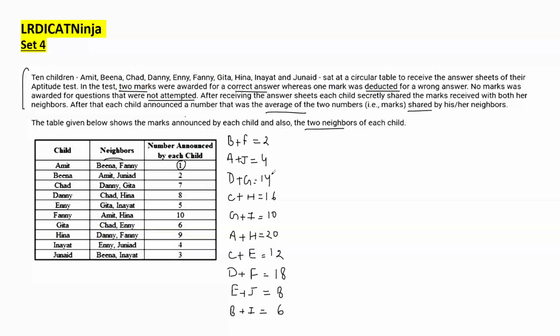If you can observe 2, 4, 6, 8, 10, 12, 14, 16, 18, and 20. So if you add it, the total will definitely be twice of 1 to 10, because every number 1, 2, 3, 4, 5, 6 is given. So the total of these marks will be 110, because this is the total of 1 to 10.